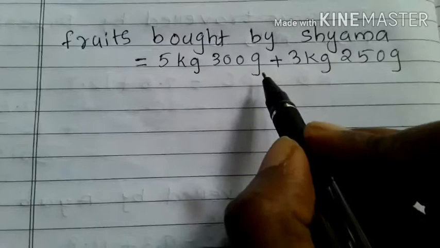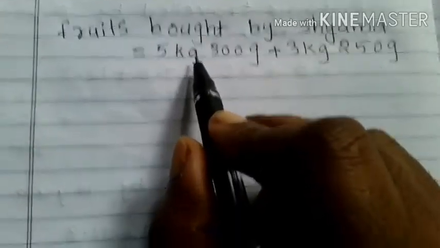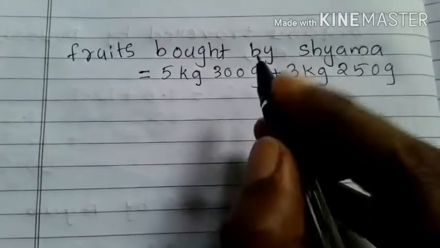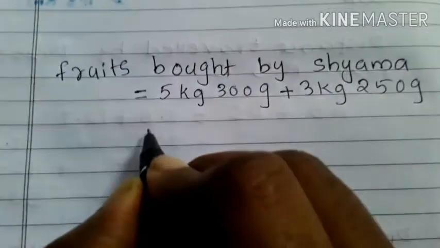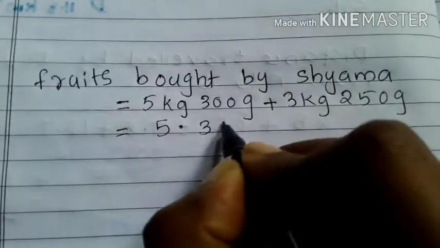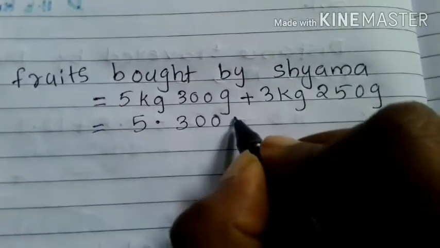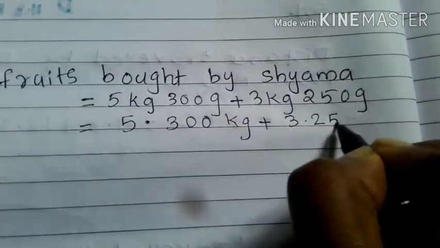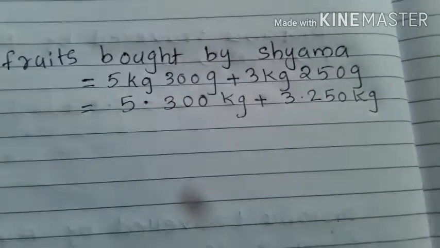So here gram is converted into kilogram. 300 by 1000. So here we get 5.300 kilogram plus 3.250 kilogram.